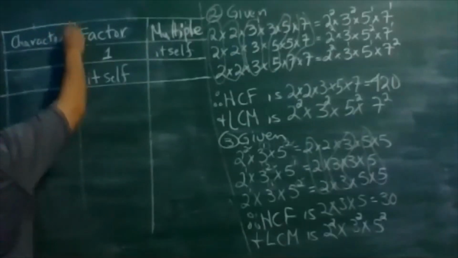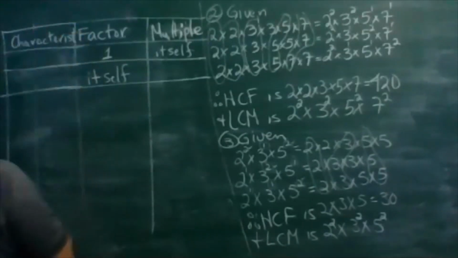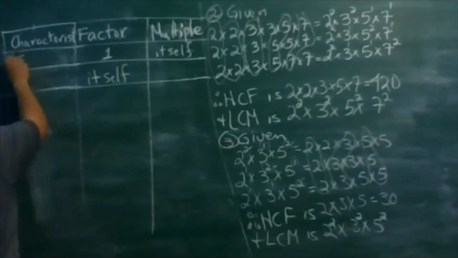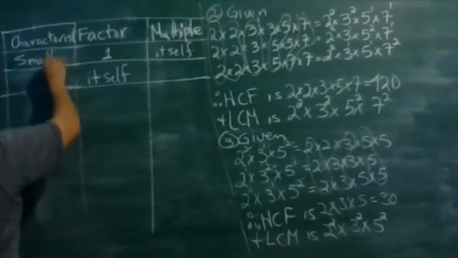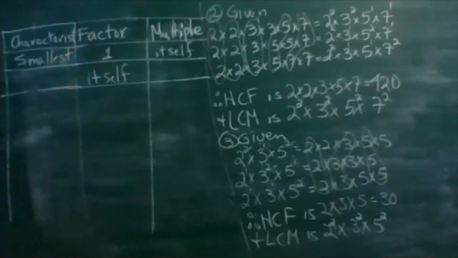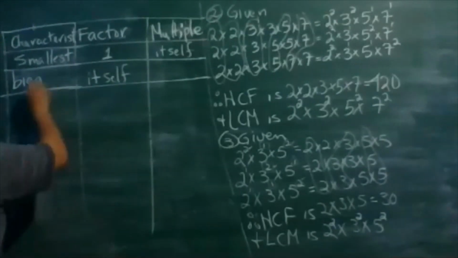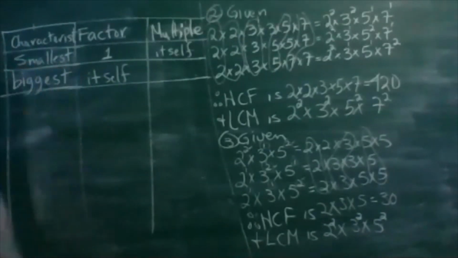Is a characteristic, right? He said that the smallest factor of any number is 1. The smallest multiple of any number is itself. The biggest factor of any number is itself.